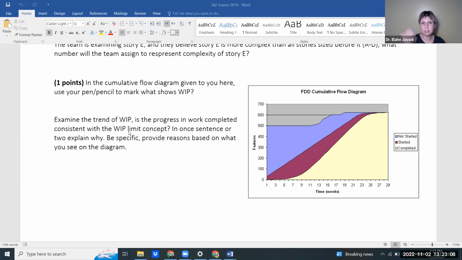So if you say something like that, like Dana said, it seems that they're still learning that WIP has to be limited. You know that I don't like long answers because I want precise and short. So in your own words, just explain this. A wider color band shows a higher number of items in WIP. It means that they don't know that it has to be limited, but they get better toward the end.